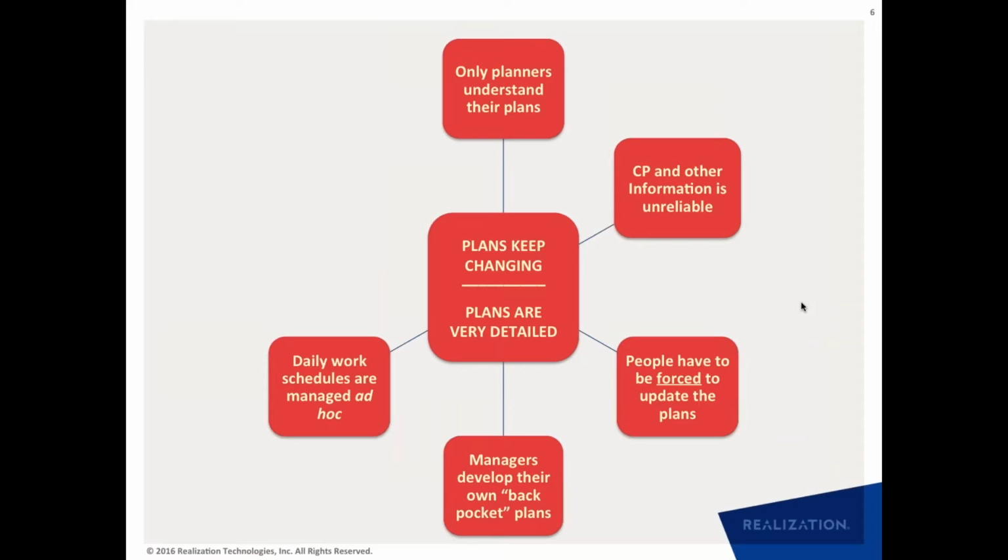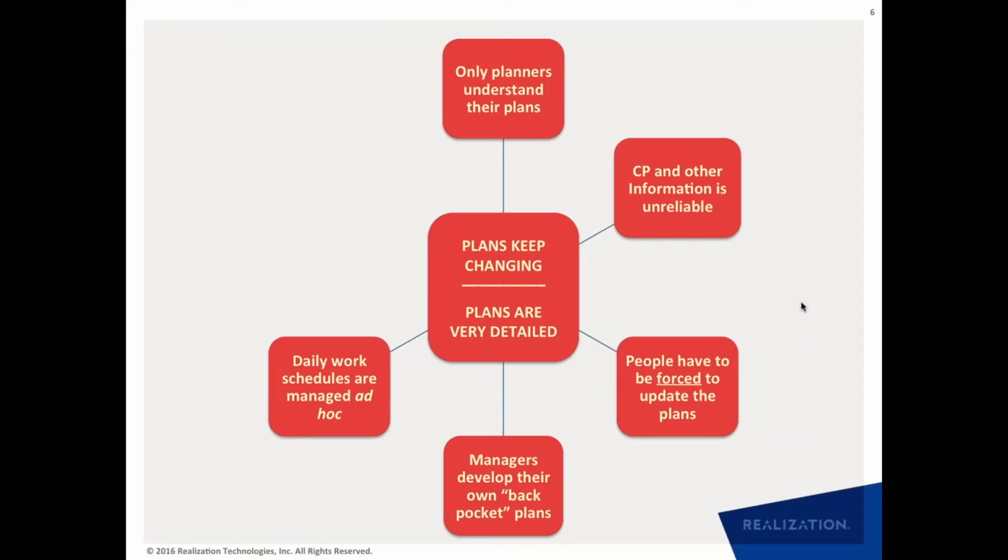And because the formal project plans are not being looked at or not being updated properly, or they're constantly changing, what we also find is that daily work schedule management and control is pretty much ad hoc.